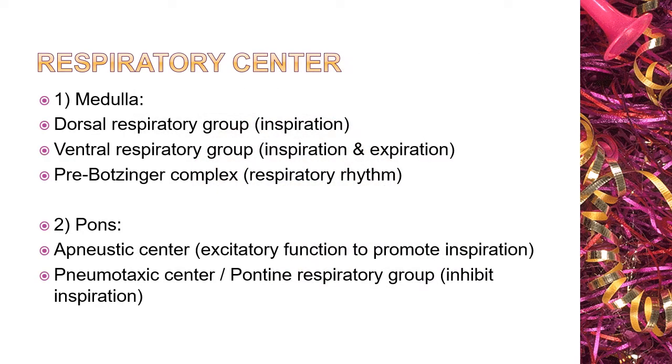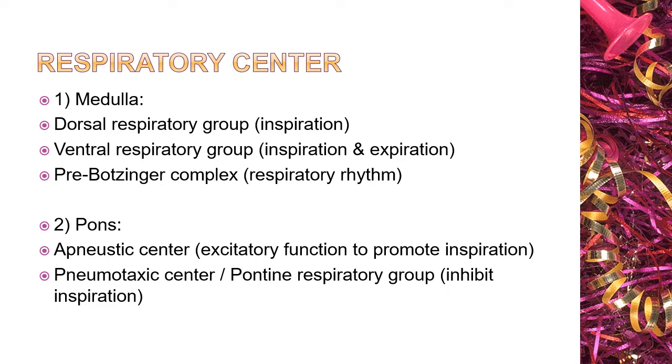So the respiratory center in the medulla, there is the dorsal respiratory group, which is responsible for inspiration, and then you have the ventral respiratory group, which is responsible for inspiration and also expiration, and you have the pre-Botzinger complex, which is responsible for the rhythm of the respiration, and this is similar to the SA node of the heart. If you remember, the sinoatrial node or SA node is the pacemaker of the heart. So the pre-Botzinger complex is something like that.